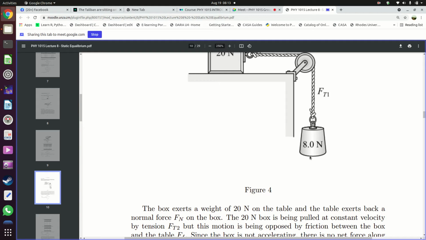However, as this particular object is being pulled down, there is also this string which is connected to this object. This string is trying to pull the object up. So the string, as it's trying to pull the object up, is basically slowing down how fast this particular object is falling. That's why the object is falling at constant velocity. It's not accelerating because it's being pulled by the string.